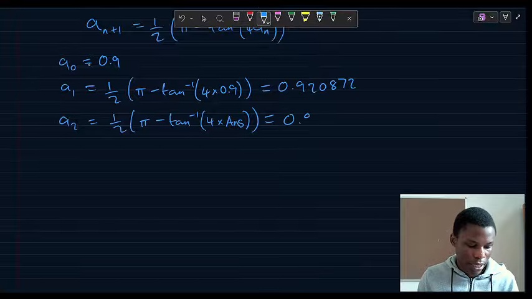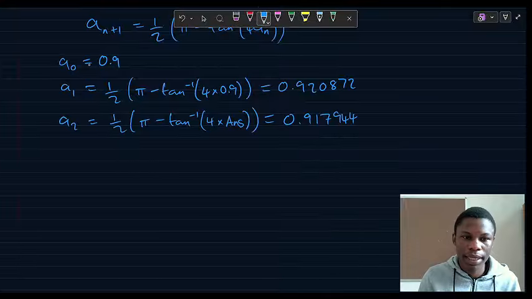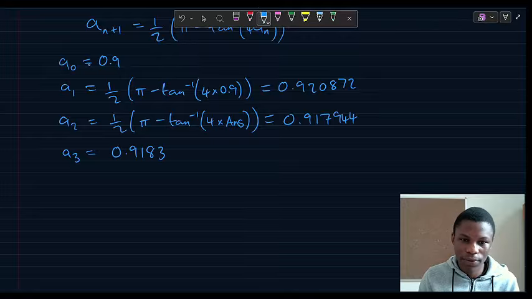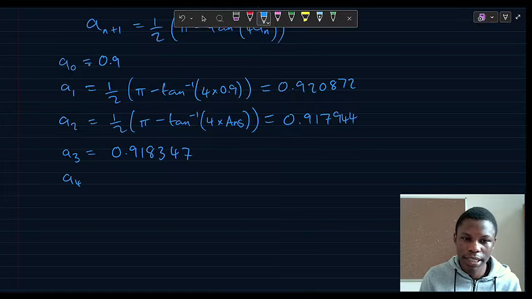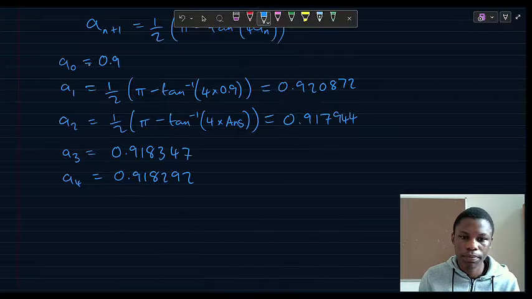You get 0.91794. And then a3, don't change anything on your calculator, simply press equals. That's 0.918347. Our root, we wanted to 4 decimal places. That's a lot. Okay, let's keep going. Press equals. 0.918292.